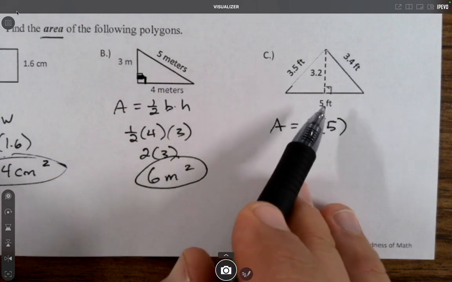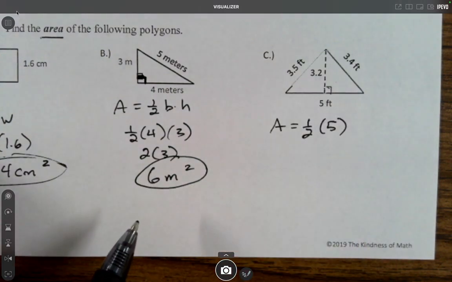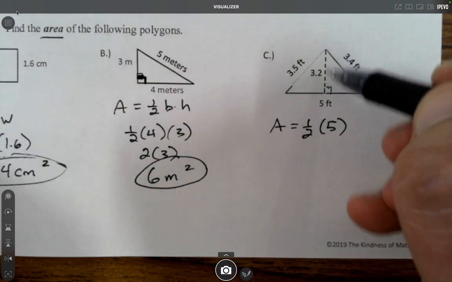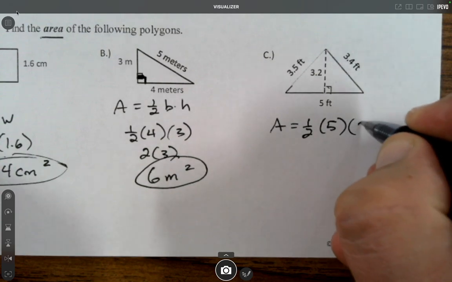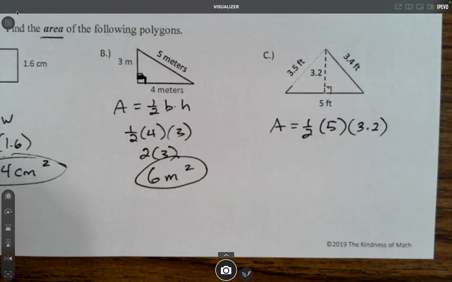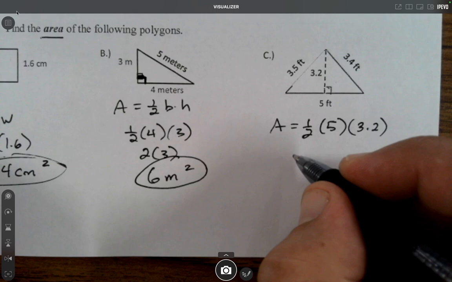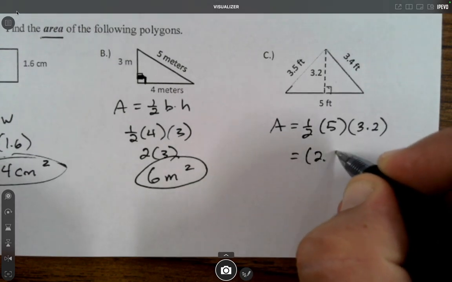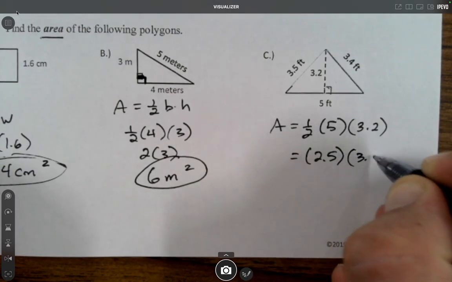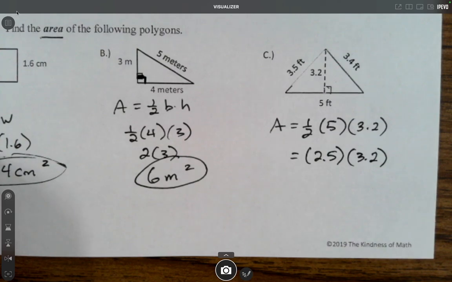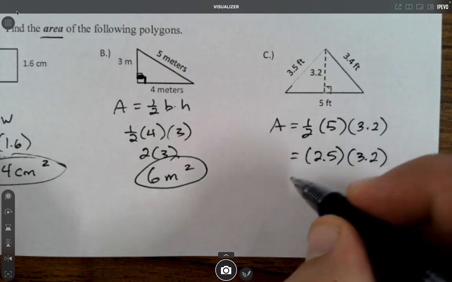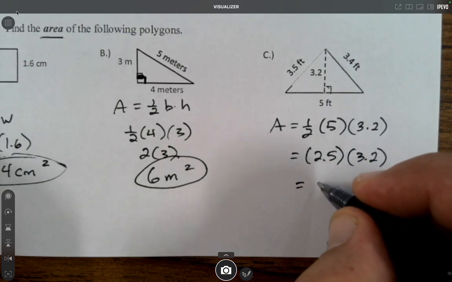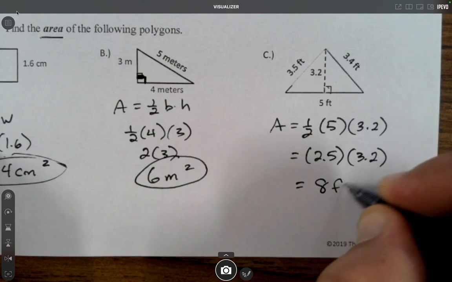But the height and the base will always have a right angle with each other. So that means that 3.2 is my height. Half of 5 is 2.5. And 2.5 times 3.2 turns out, believe it or not, to be a whole number. It's 8 square feet.